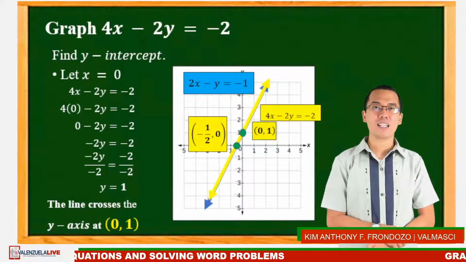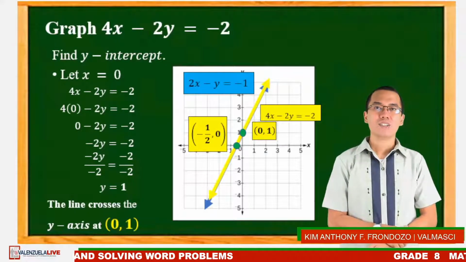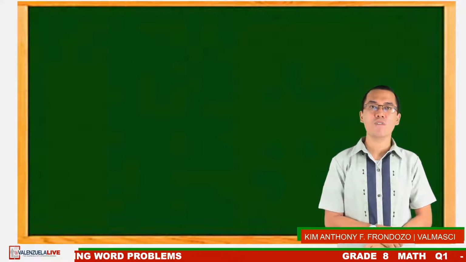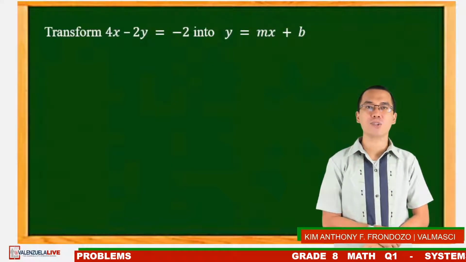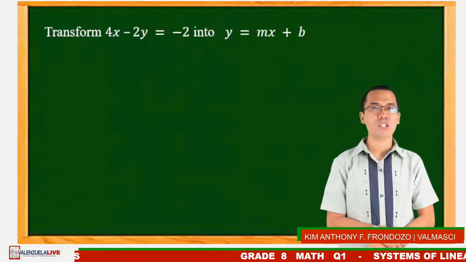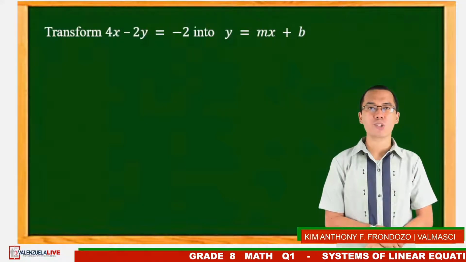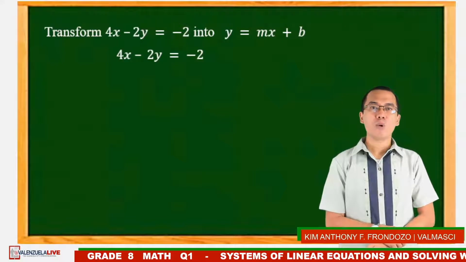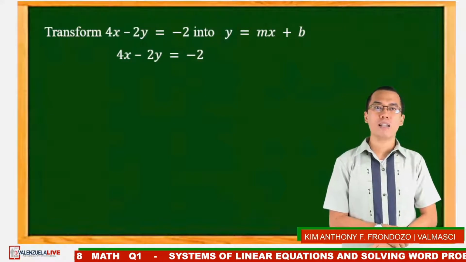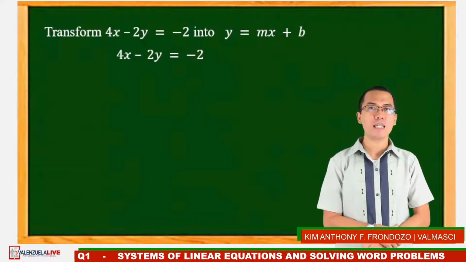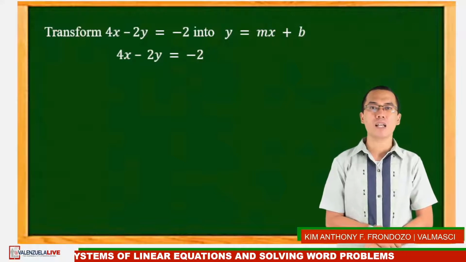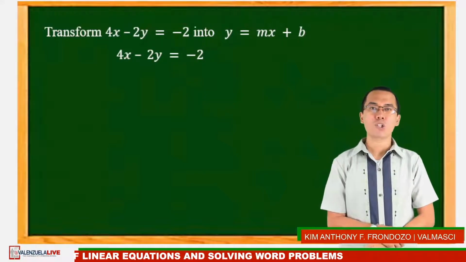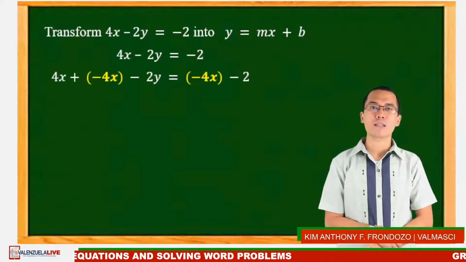Solving the given example algebraically, we transform the second equation, 4x minus 2y is equal to -2, into slope-intercept form. Adding -4x to both sides of the equation by the addition property of equality, we'll have 4x plus -4x minus 2y is equal to -4x minus 2.